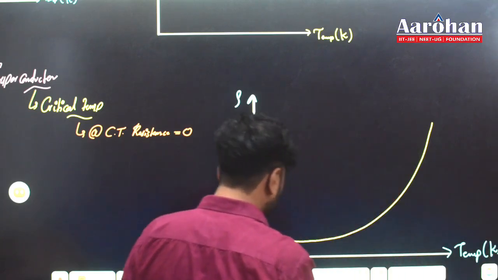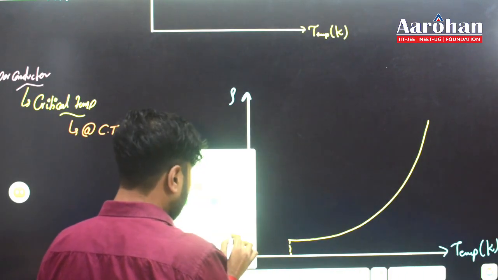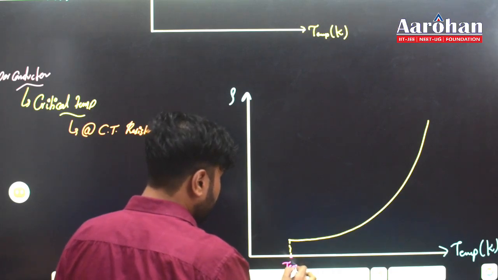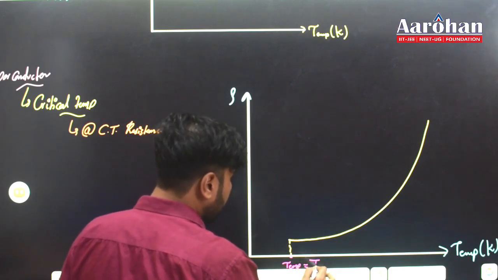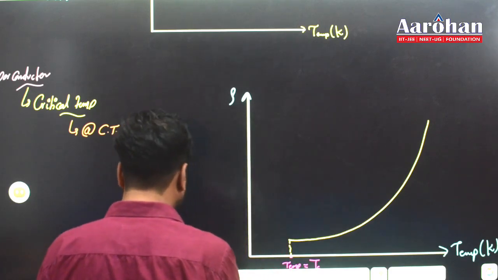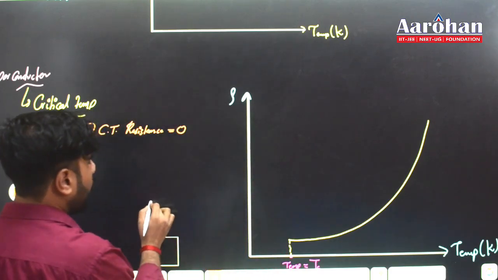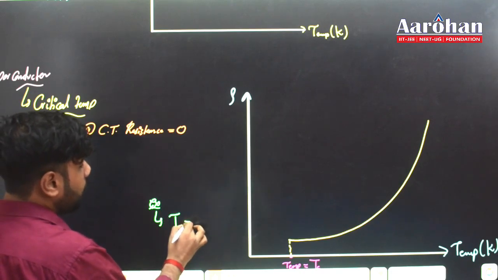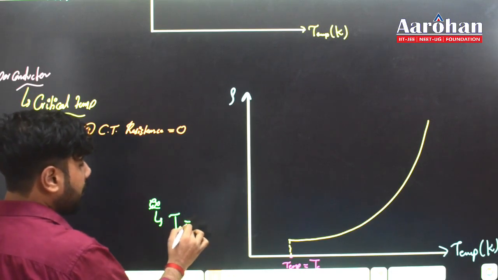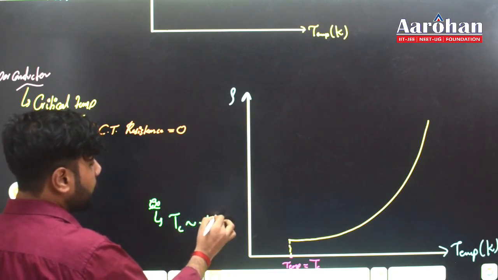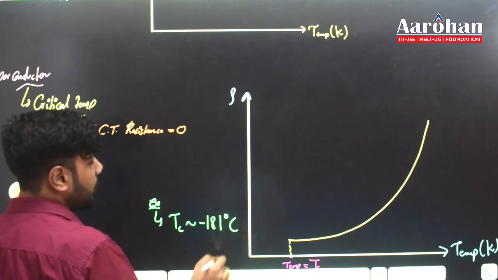At a particular temperature, the resistivity will become zero, and this temperature is known as the critical temperature. For example, for yttrium type alloy, the critical temperature is around minus 181 degrees Celsius, somewhat like this.